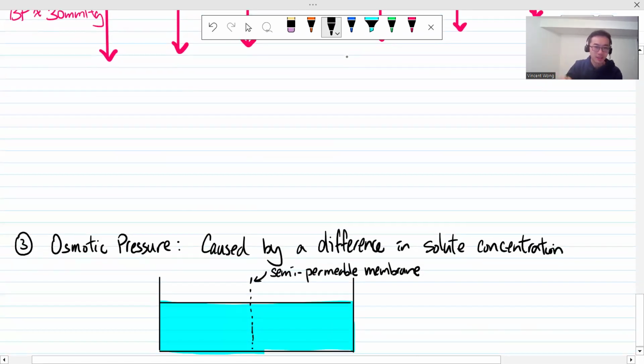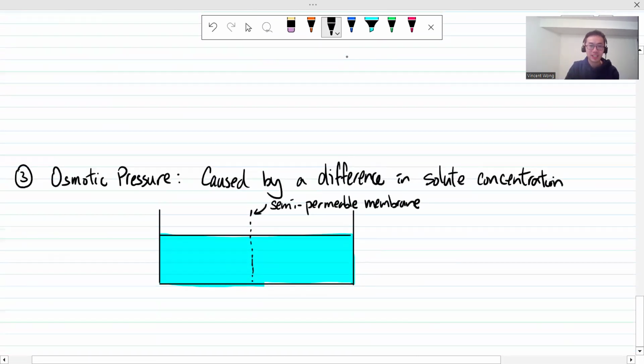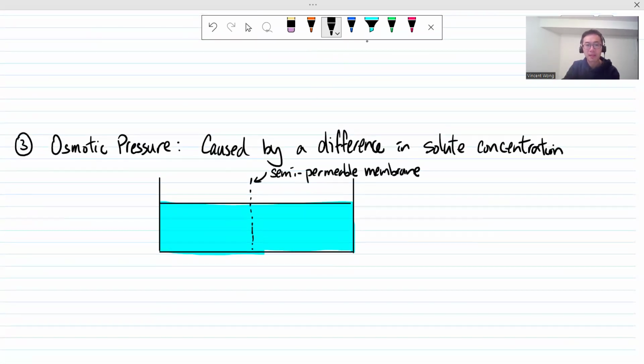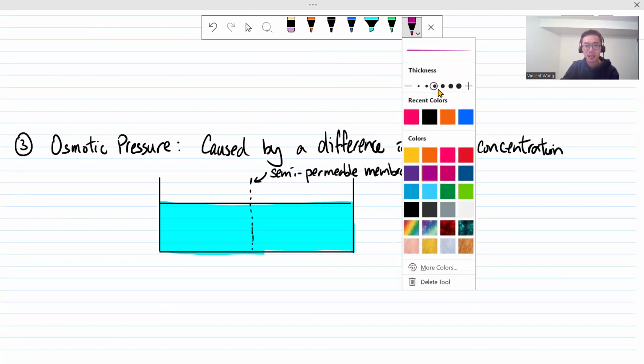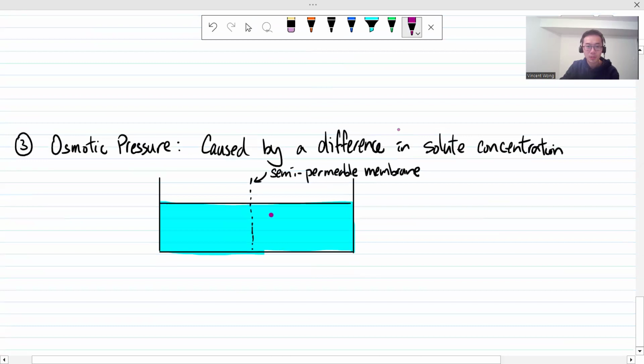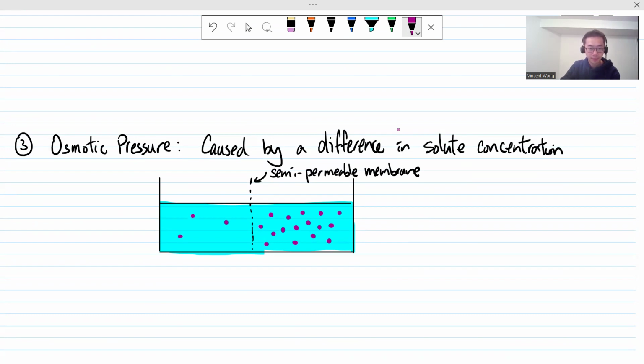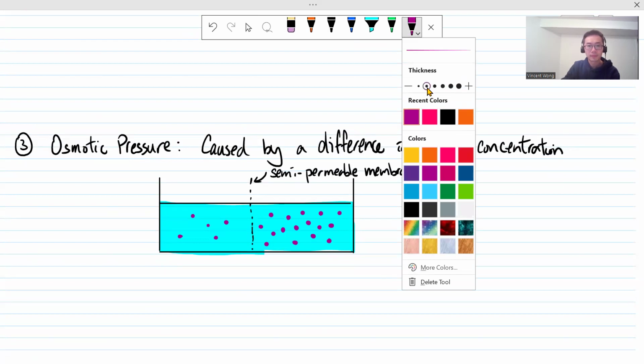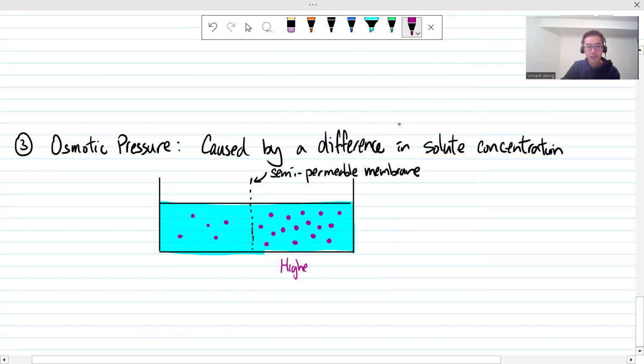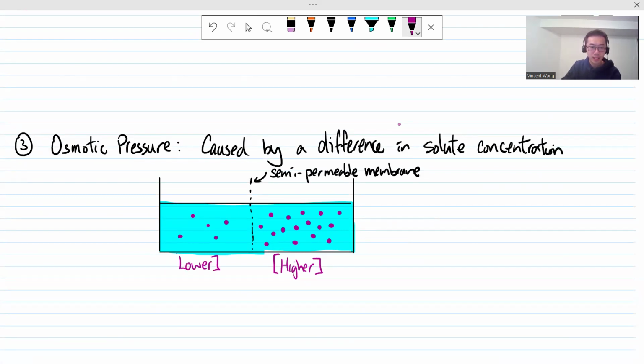If you didn't, that's okay, but if it's still possible to change it, leave a little bit of space. All right, I'm gonna put some solute in here. These are very big. They cannot cross the membrane. So we have higher concentration on the right side and lower concentration on the left side.